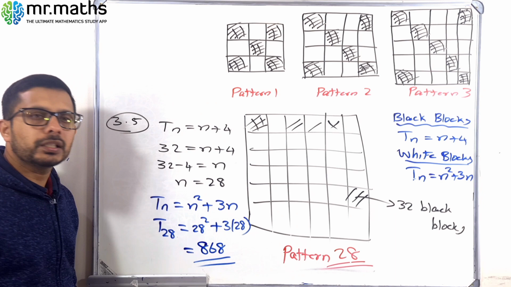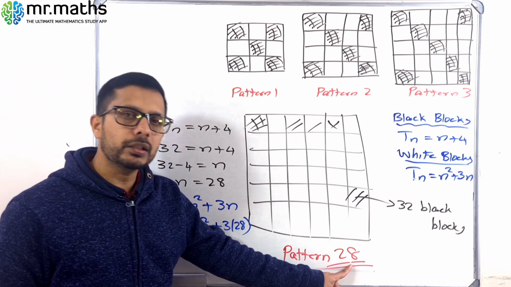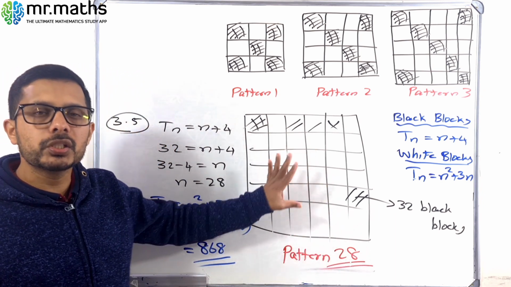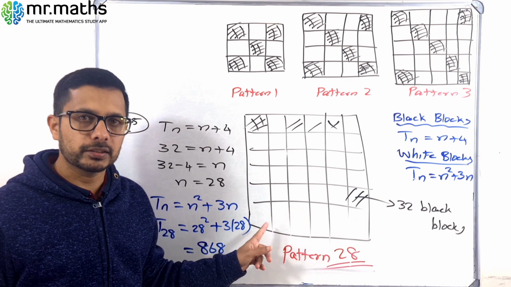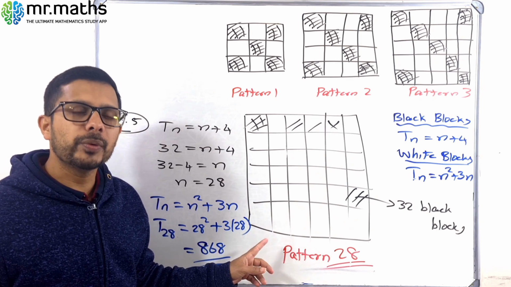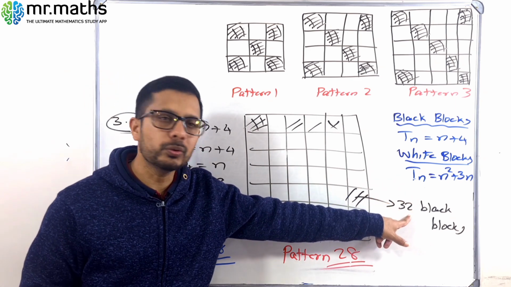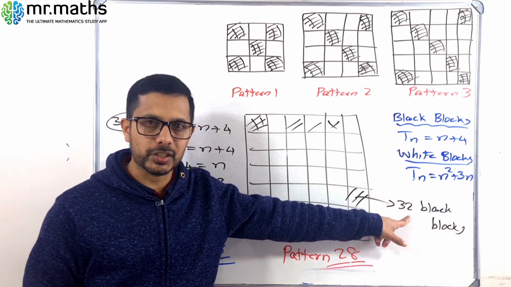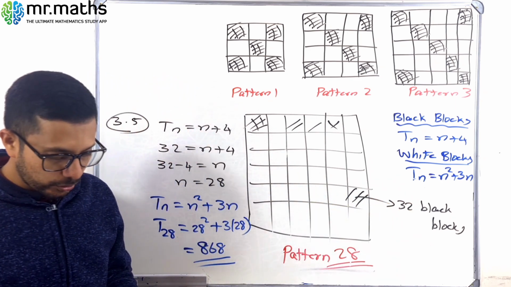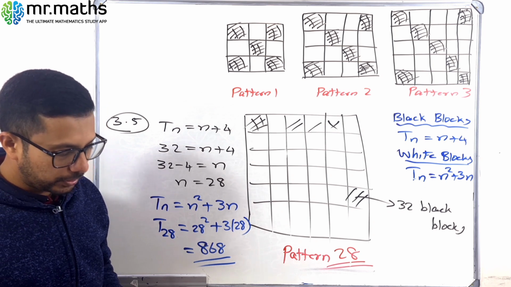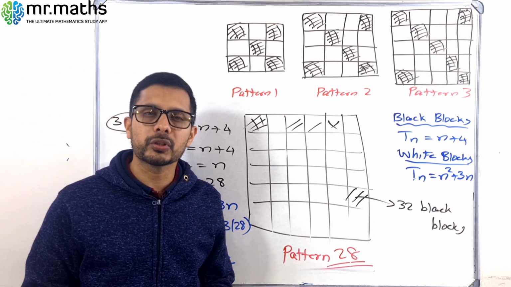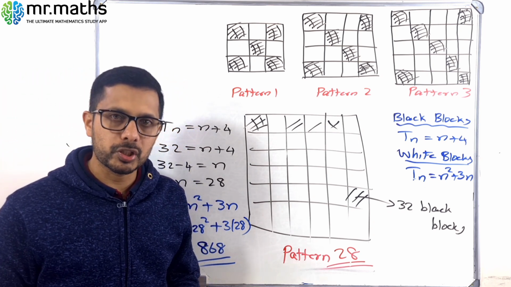So in the 28th pattern there are 868 white blocks, and 32 black blocks. Do you understand? That is question number 3.5, the end of the September 2022 Northwest Province question.